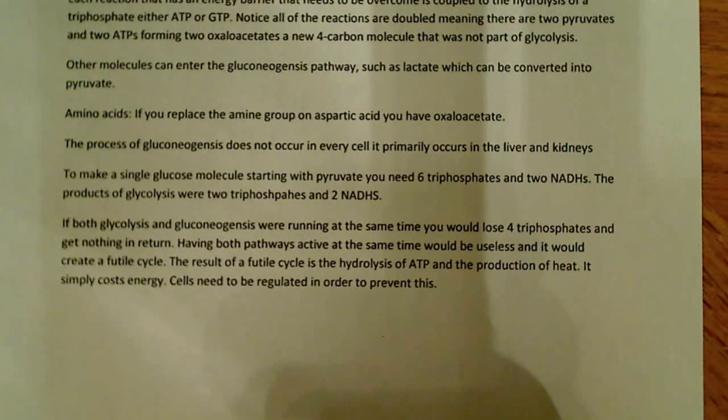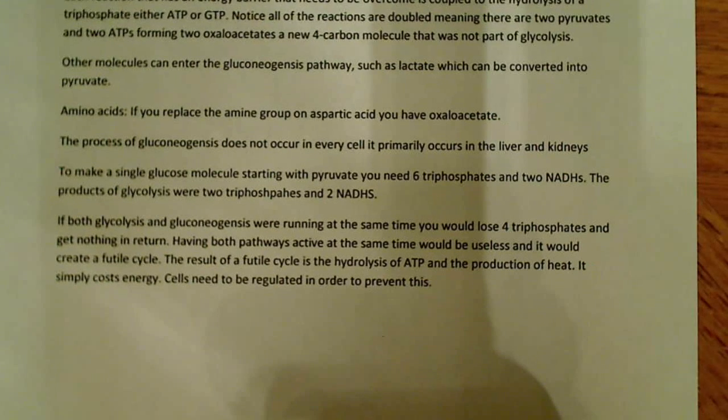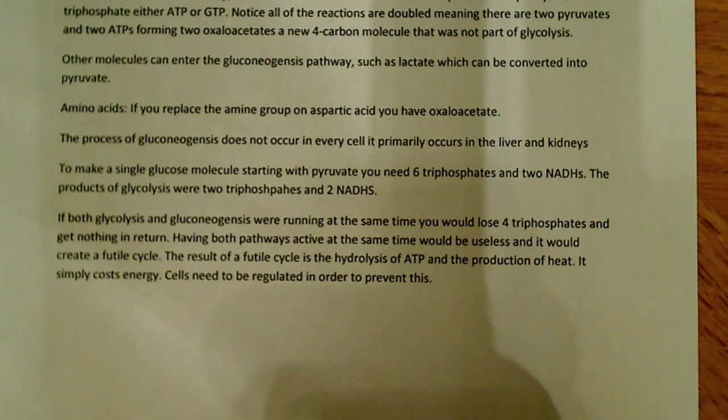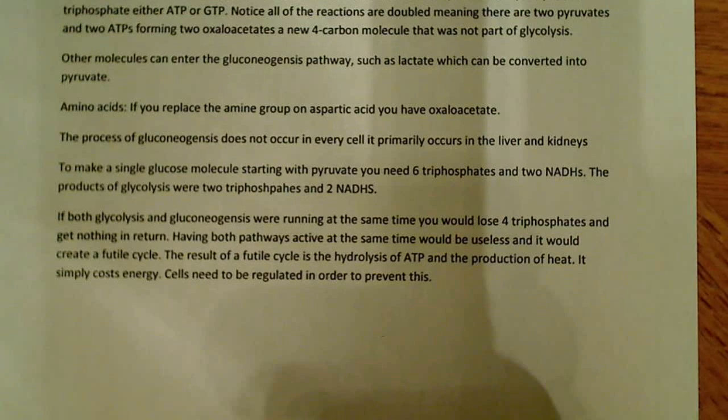And that energy actually has an interesting effect, because if we were to say have glycolysis and gluconeogenesis running at the same time, okay, you would end up just losing 4 triphosphates and get nothing in return. Okay, so if you had both of these pathways going at the same time, one a catabolic and one an anabolic process, you would wind up using up 4 triphosphates and get nothing in return.